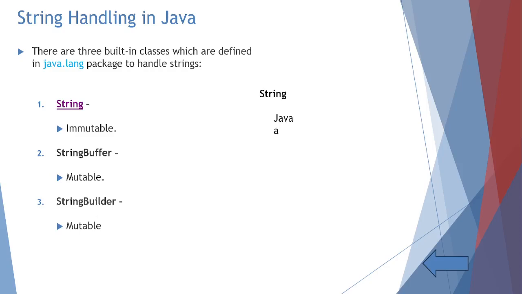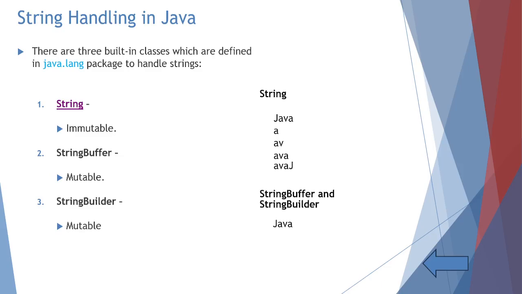But because it is immutable, it first stores A in S2, then creates another object, AV, S2 points at AV, then AVA, then AVAJ. So in between, 3 more objects are created because it is immutable. Every time we try to change, it creates a new object.